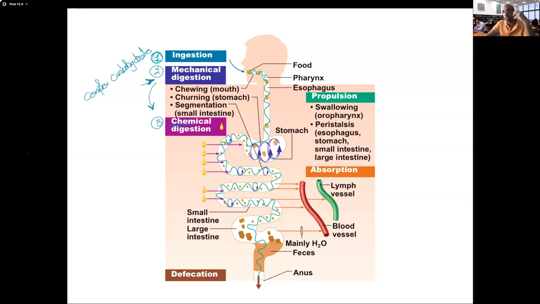So when you're chewing a piece of bread, you are performing a mechanical digestion, but at the same time, you're partially breaking it down on a chemical level. If you keep chewing the piece of bread, you will feel some sugary taste. How did I get this sugary taste?